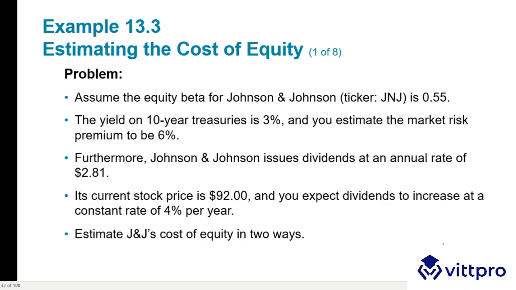The first formula is 3% plus 6% times 0.55, which I think is going to be somewhere about 3.3, so it will be 6%. And if you use the constant dividend growth, that is 2.81% has been the rate. If the dividend is expected to increase 4% per year, next year's dividend is 2.8 times 1.04, divided by 92, plus 4%.